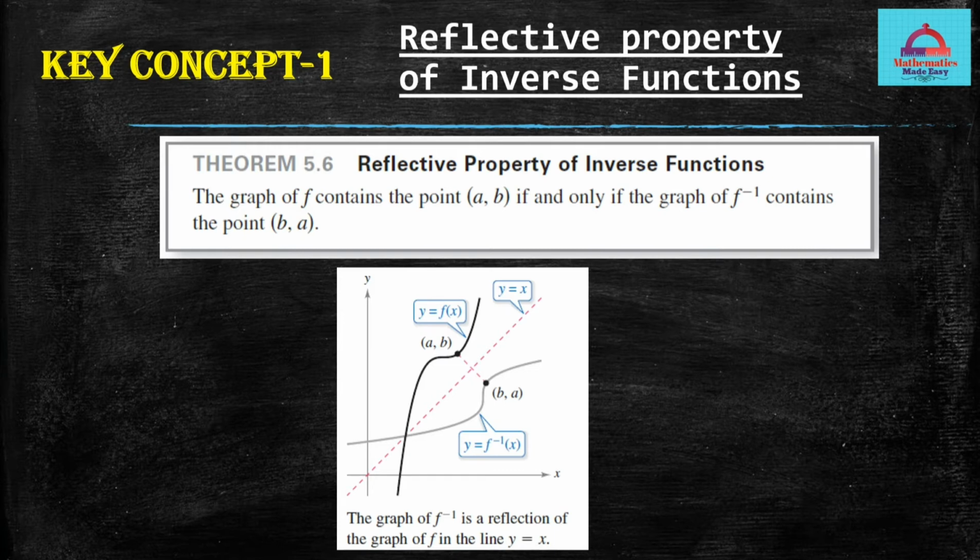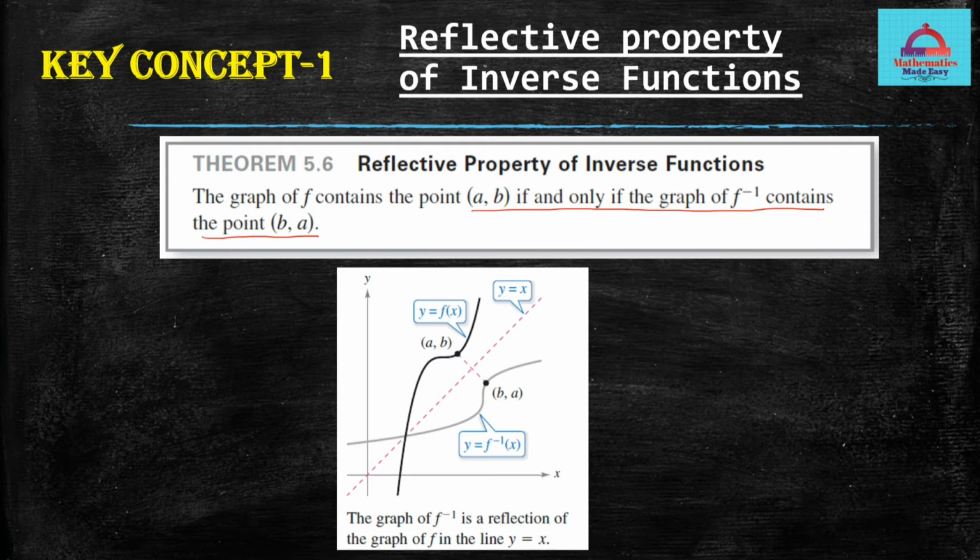The graph of f contains the point (a, b) if and only if the graph of f inverse contains the point (b, a). So this is a very important theorem, a very important relationship, and this reflective property of inverse functions would really help you to solve questions. In the slides to come, you will be able to see how you will be using this property.